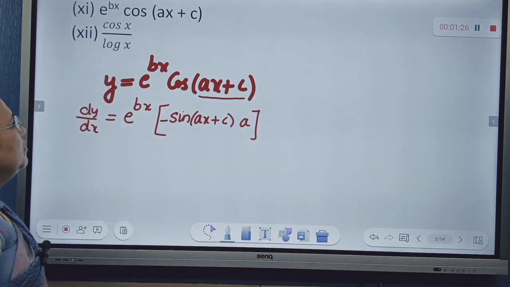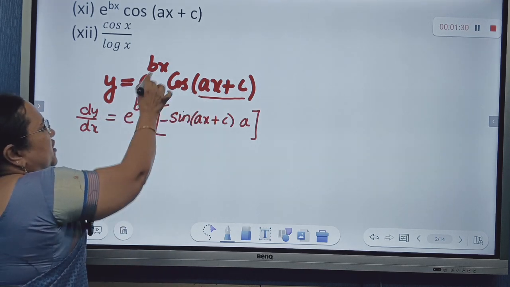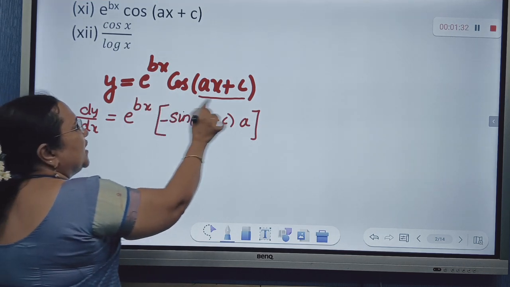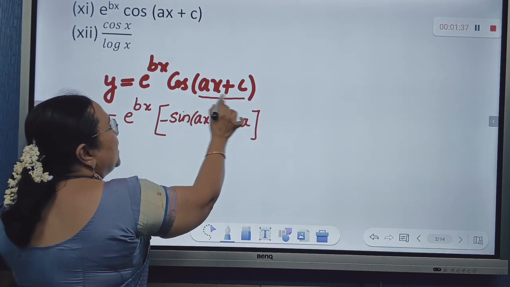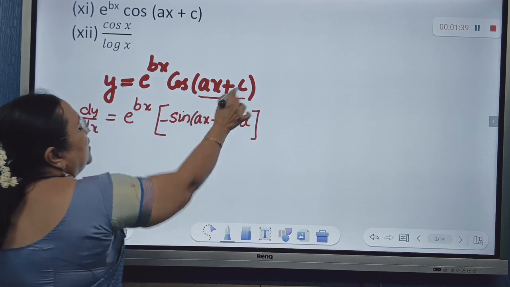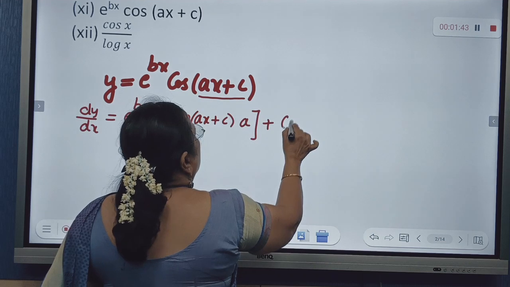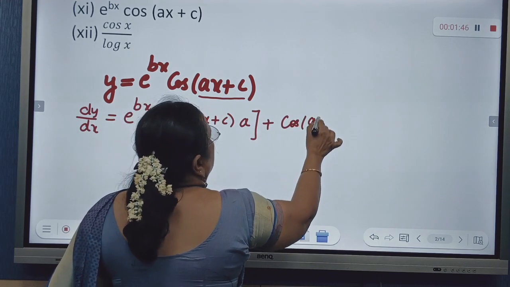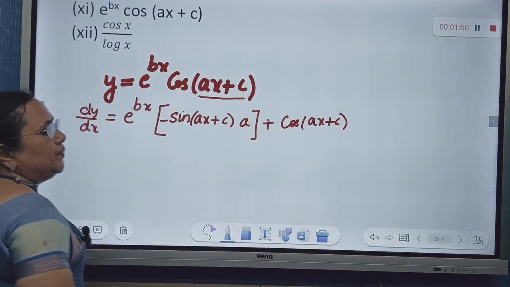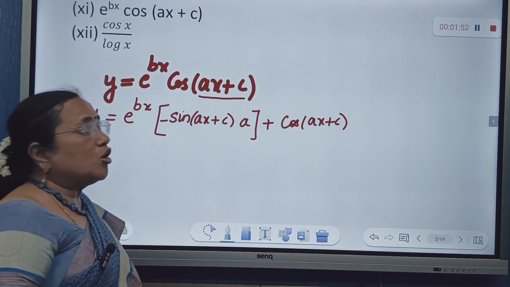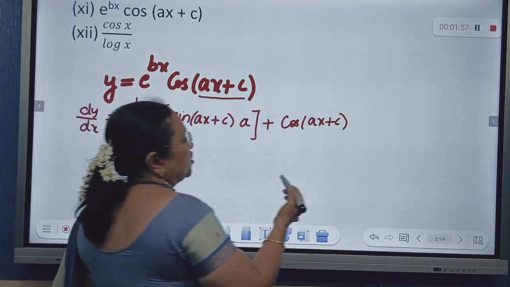Are you able to follow? First function into derivative of second function. First function I have written as it is. Second function, if I differentiate, I will get minus sine of ax plus c into derivative of ax plus c, which is a. Derivative of c is constant, plus cos of ax plus c into derivative of e power bx. E power bx is a composition of the exponential function and the function bx.